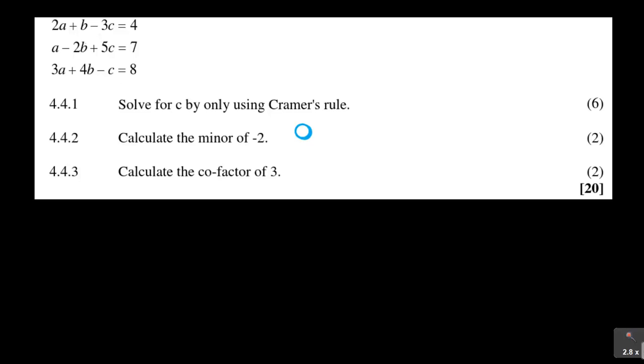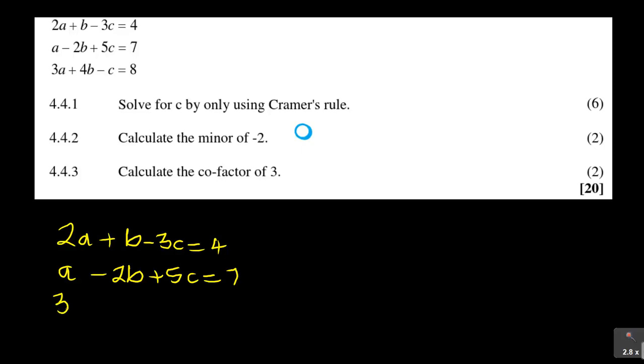Now, if you look at the equations that are given, you have 2a plus b minus 3c is equal to 4, and then you have a minus 2b plus 5c is equal to 7, and you have 3a plus 4b minus c is equal to 8.